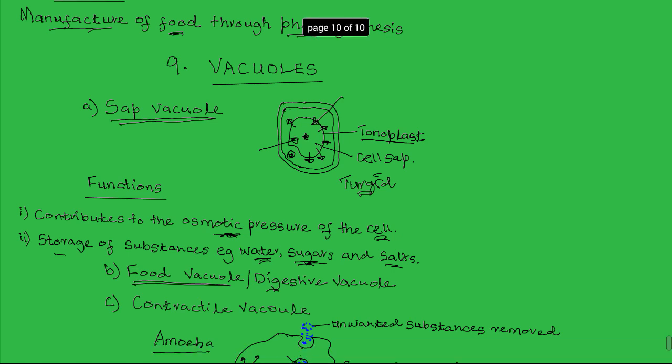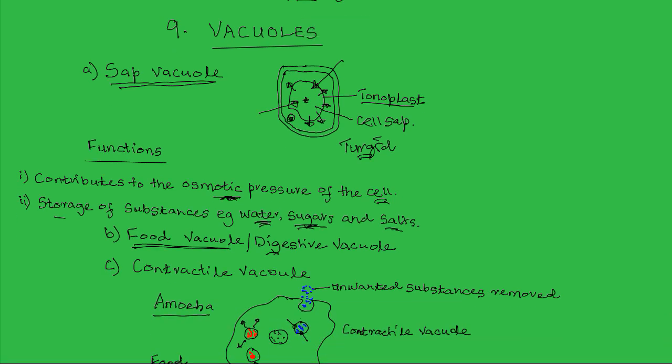The third one is a contractile vacuole. Contractile vacuole is a specialized type of vacuole that is capable of contracting to expel unwanted substances from the cell. It is found in some unicellular organisms such as amoeba and paramecium, where it is used to remove excess water and waste products.